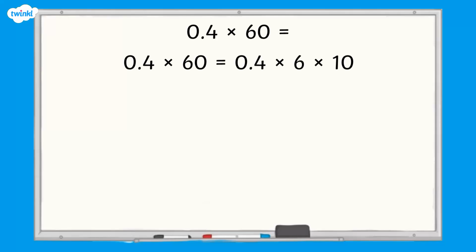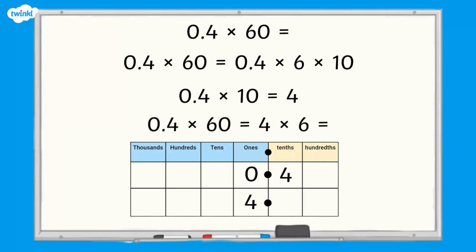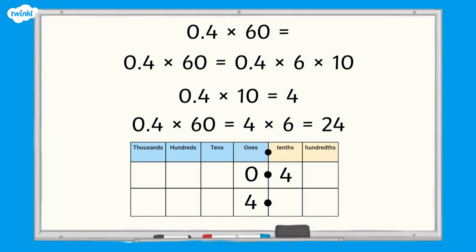Let's multiply by 10 first. 0.4 multiplied by 10 equals 4. So 0.4 multiplied by 60 equals 4 multiplied by 6. Now we can use our times table facts. 4 multiplied by 6 equals 24. So 0.4 multiplied by 60 equals 24.